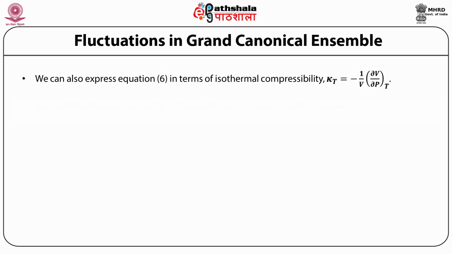Kappa T is equal to minus 1 upon V partial derivative of V with respect to P at constant temperature.